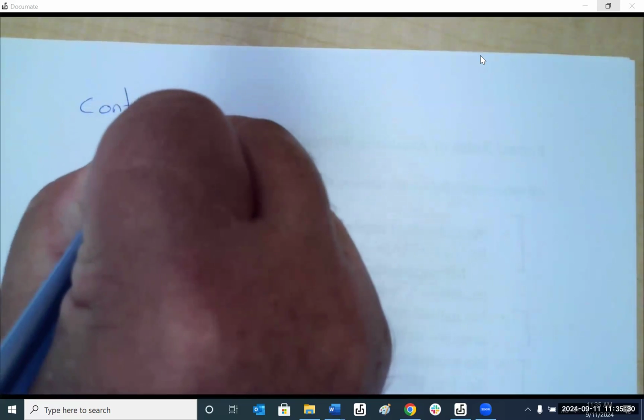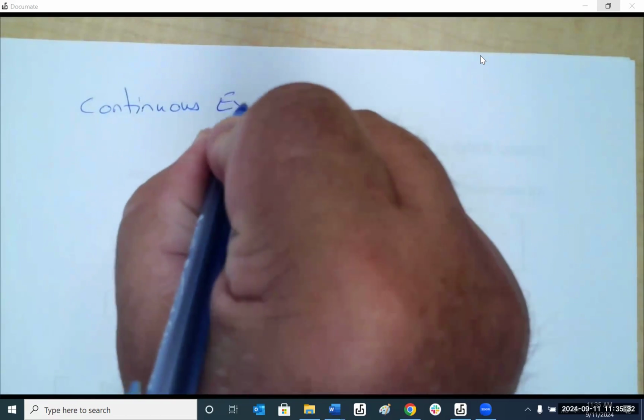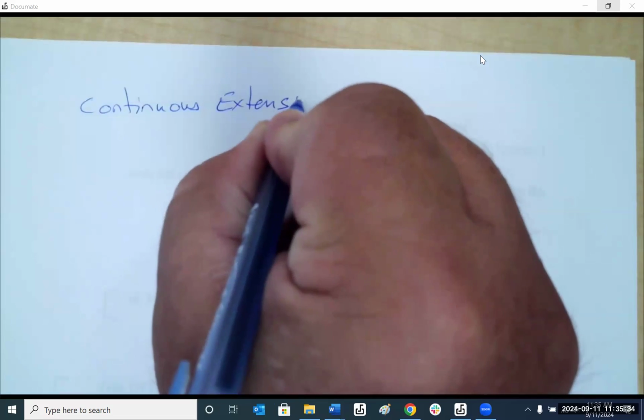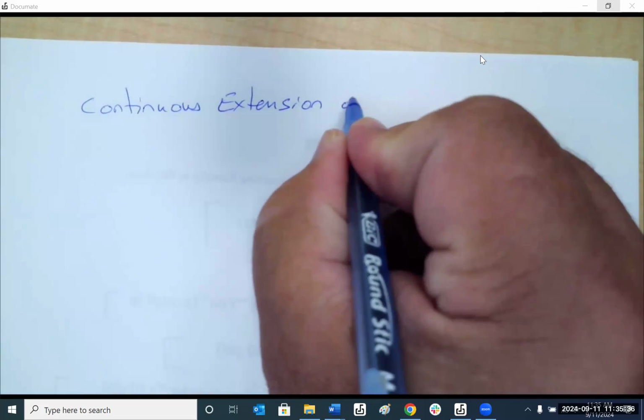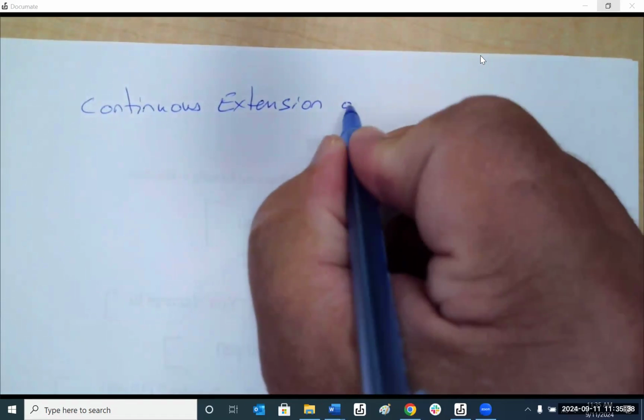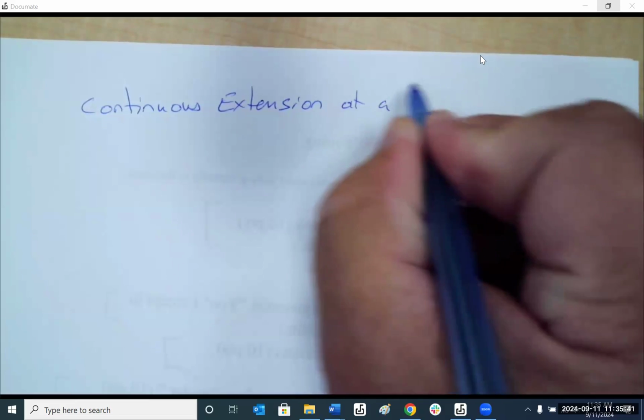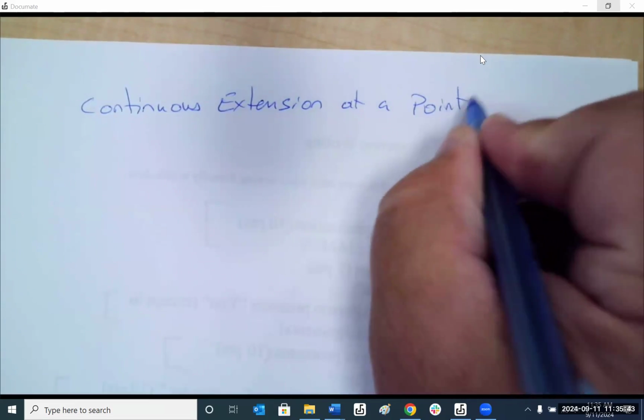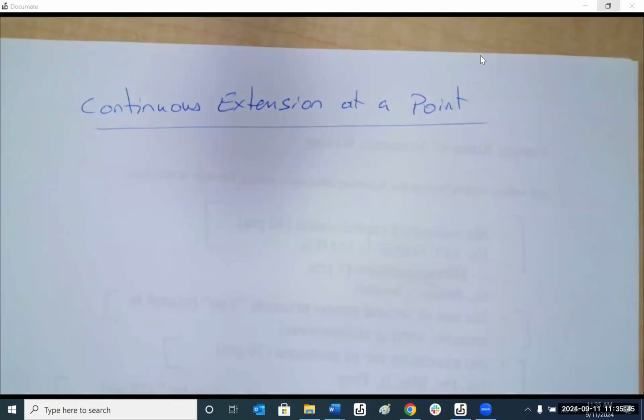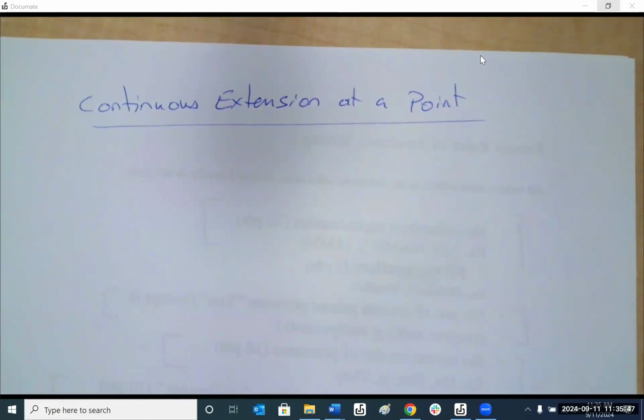What about, remember we talked about last time, really quick, before we ended the class last time. It's called continuous extension at a point, or extension of continuity at a point.